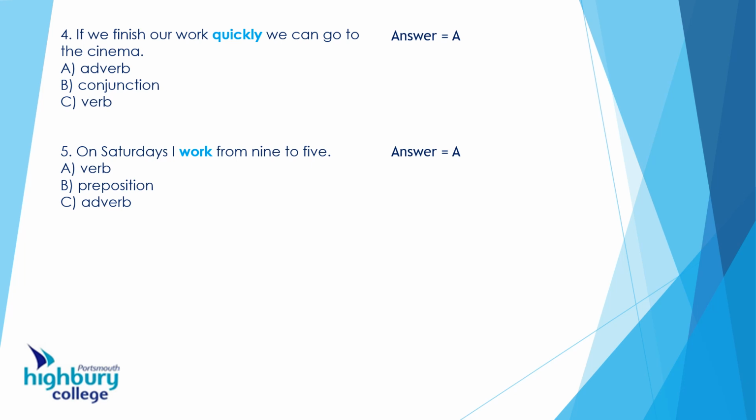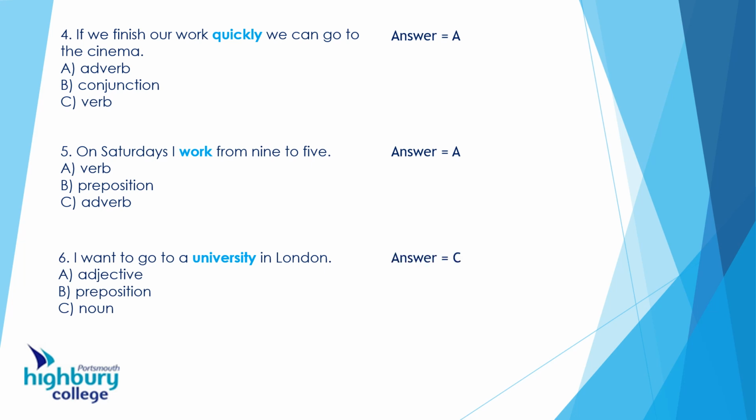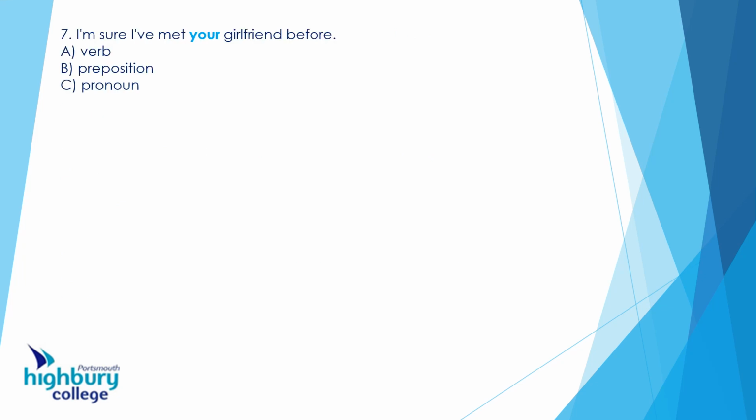On Saturdays, I work from 9 to 5. What do you think that one is? There we go. And number 6, I want to go to a university in London. Is it A or B or C? Okay, next one. I'm sure I've met your girlfriend before. So what is your? Is it A, B or C?